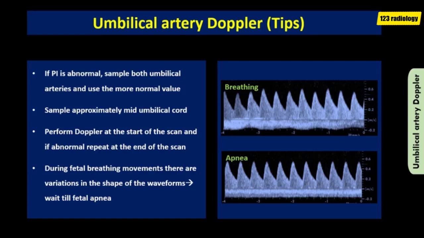Perform Doppler at the start of the examination, and if abnormal, repeat at the end of the examination. During fetal breathing movements, there are variations in the shape of waveforms from fetal vessels. Therefore, Doppler examination should be conducted only during fetal apnea and in the absence of fetal hiccups or excessive movement.